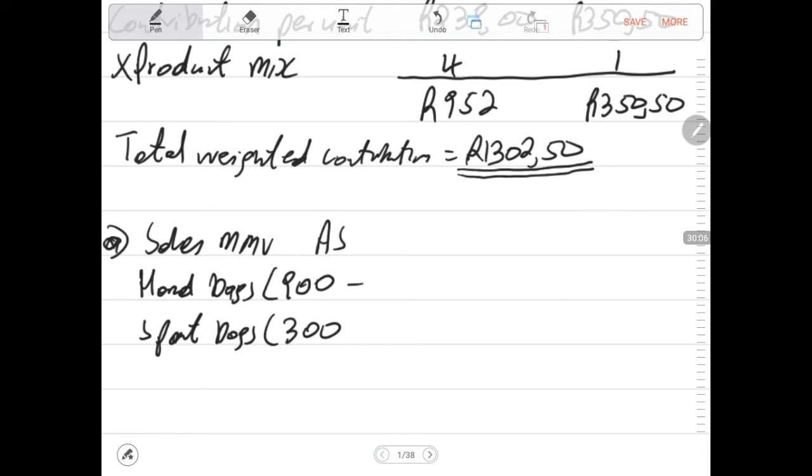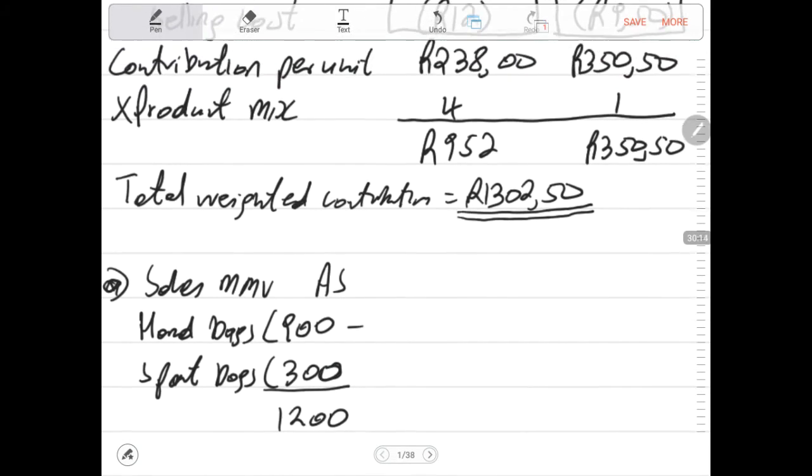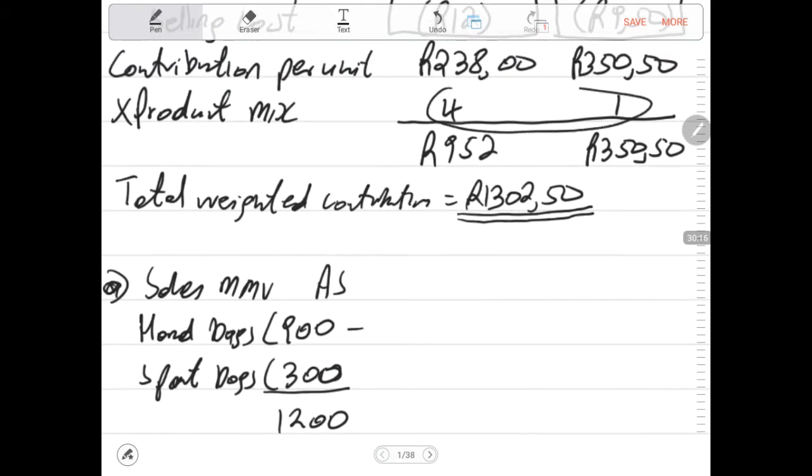The total of this is 1,200, and we need to compare this with the allocation of our budgeted product mix, which is 4:1. So now we need to apportion the actual and say how much was supposed to be produced. If in total we produced 1,200, how much was supposed to be produced for the handbags if we apply our standard product mix?